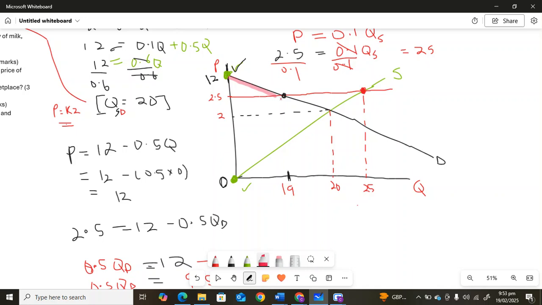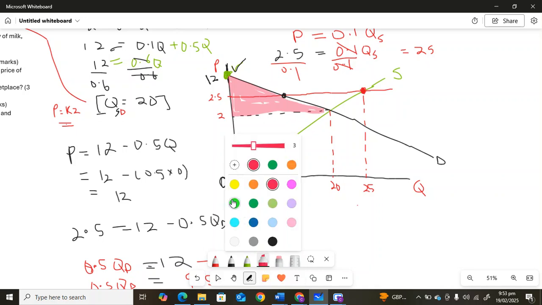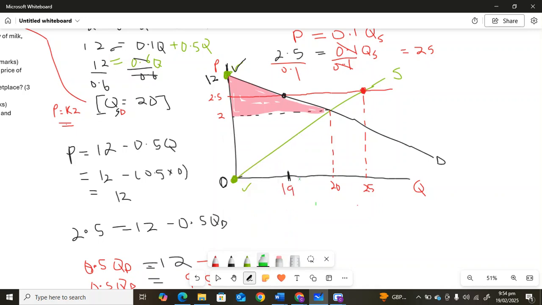This triangle here will represent the consumer surplus before the price floor has been enacted. And this triangle here is the producer surplus before the price floor has been enacted.